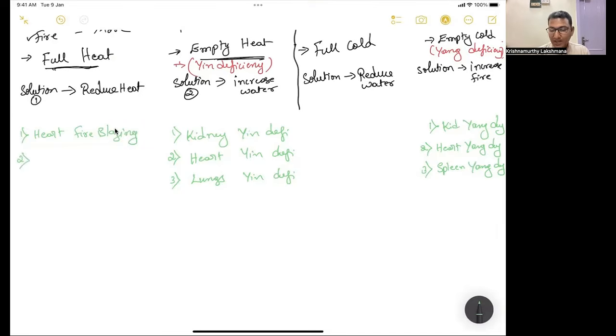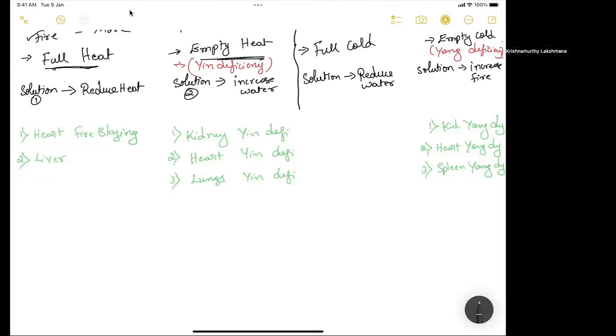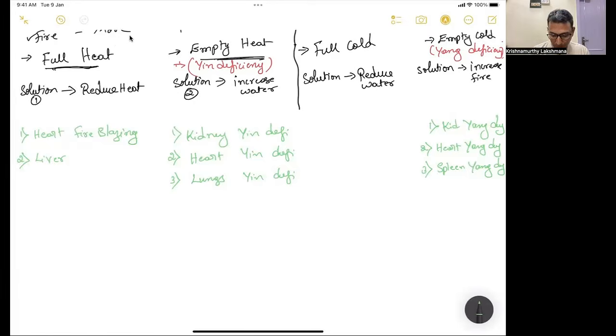So if the fire is more in the liver, we call it liver fire.